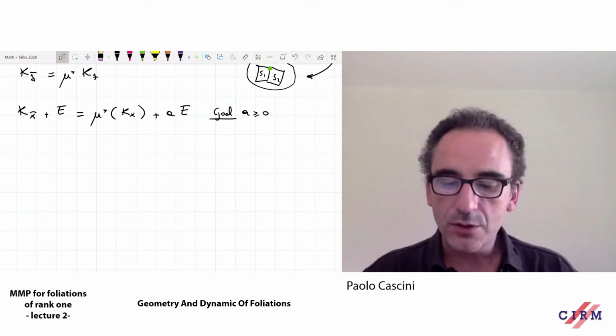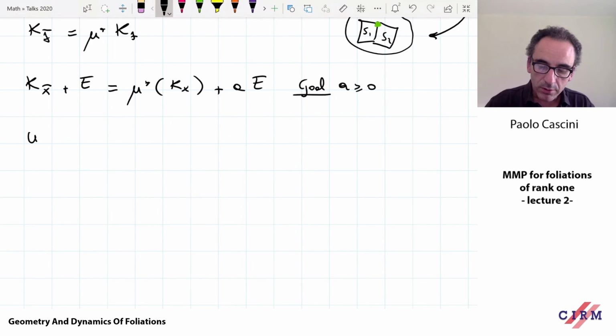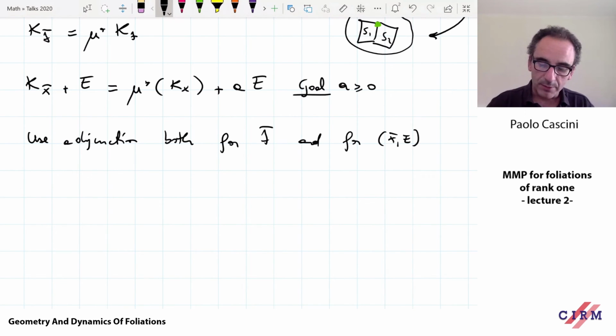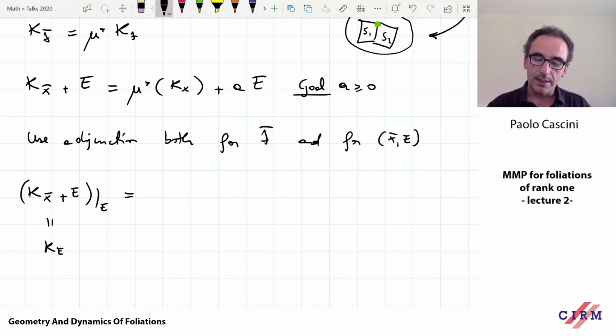So first of all, we can use adjunction both for f bar and for the pair x bar E. So what does it mean? Well, first of all, let me start with the easiest one, for the pair x bar E. Since everything is log smooth, if we restrict this pair to E, what we get is just K E. Now, since I'm assuming that E is mapped to a point, mu star of K x restricted to E is equal to 0.